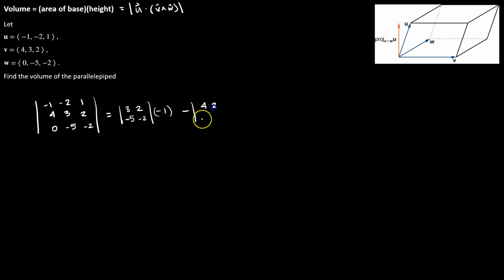So we'll plug each of these vectors into the 3x3 matrix. And then we'll take the determinant of that by expanding along the top row. Applying that out.